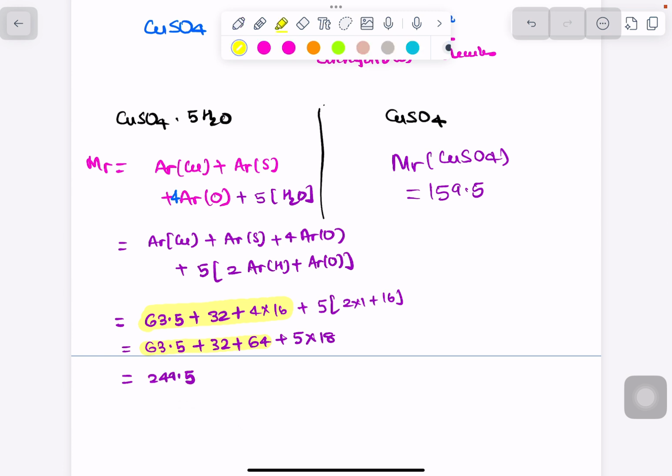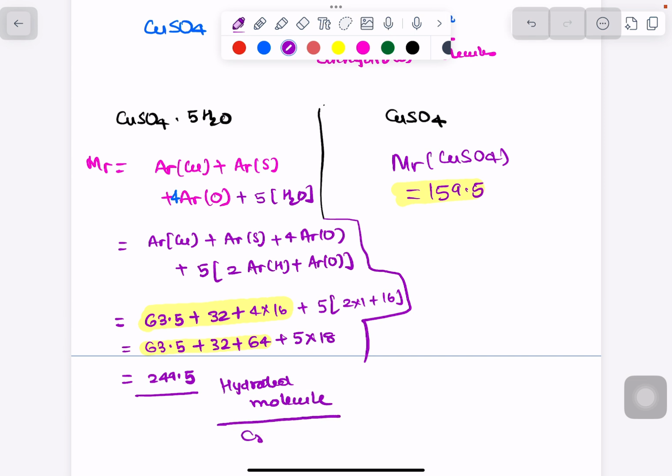So this is the one for the hydrated molecule, or you can say crystals, and 159.5 is for anhydrous. So the crystals' molecular mass is always bigger than the anhydrous molecules.